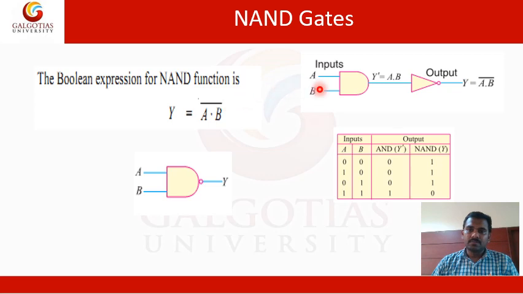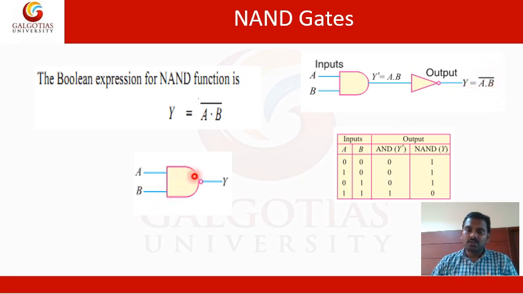And here is the typical diagram, where we have an AND gate, the output of the AND gate is the input of the NOT gate, and finally the output from the NOT gate gives the Boolean expression for the NAND function.